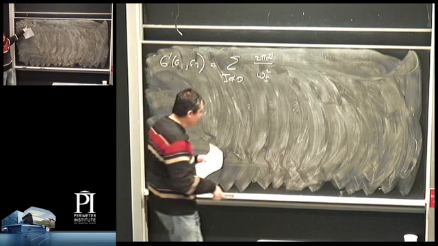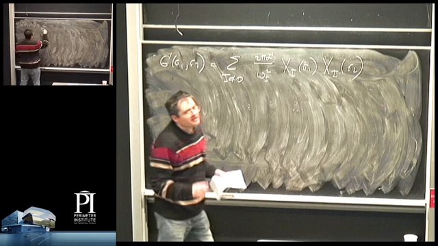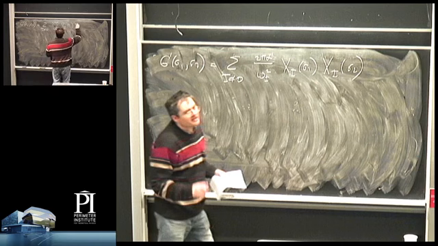Each of these is two coordinates. So this guy is equal to the sum over i not equal to 0 of π alpha prime divided by omega_i squared, times x_i of σ_1 and x_i of σ_2.